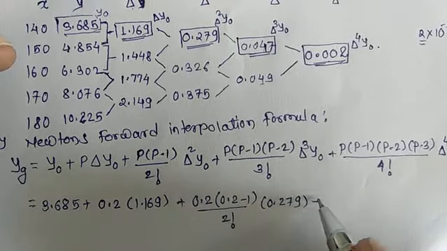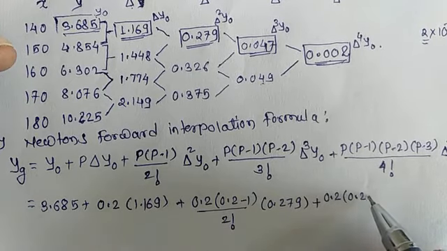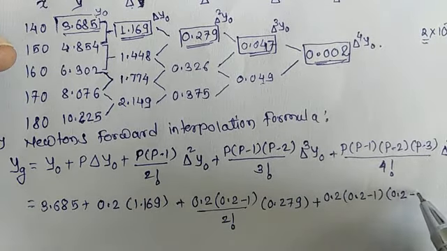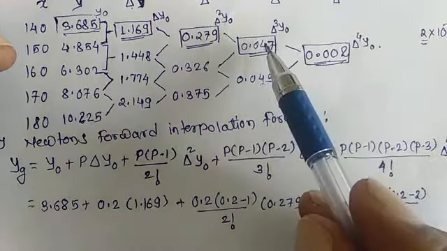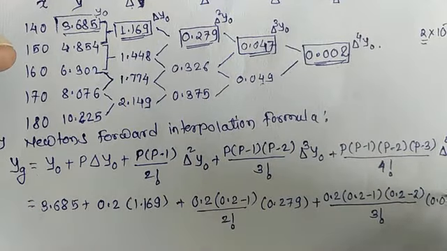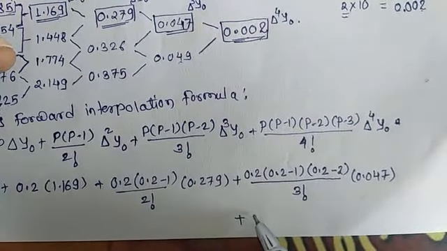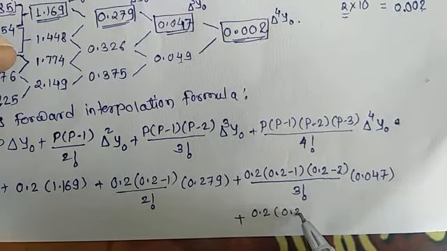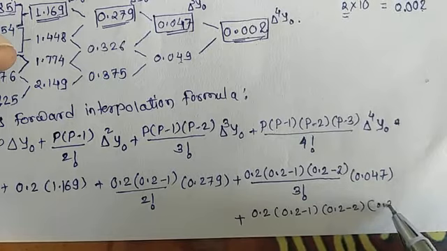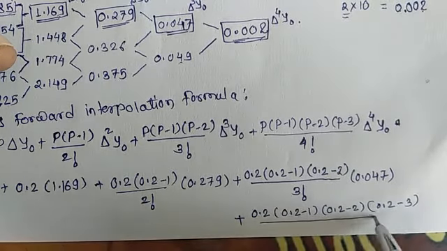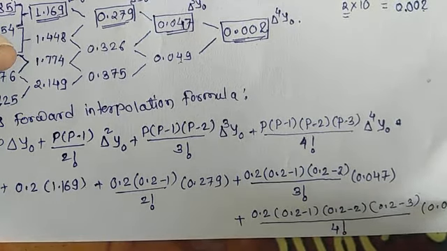plus p into (p minus 1) into (p minus 2), which means 0.2 into (0.2 minus 1) into (0.2 minus 2) divided by 3 factorial into del cube y0, which is 0.047, and the last value is plus 0.2 into (0.2 minus 1) into (0.2 minus 2) into (0.2 minus 3) divided by 4 factorial into 0.002.